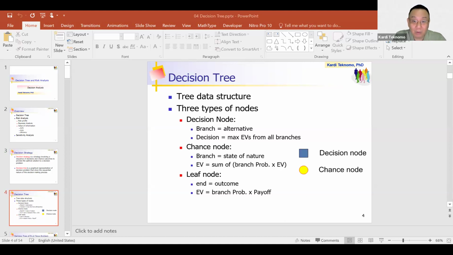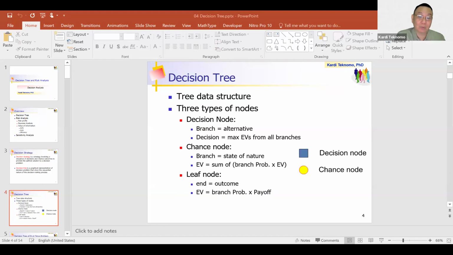One is the square, representing the decision node, and the other is the circle, representing the chance node. The last part of a decision tree is the leaf node. So there are three types of node: decision node, chance node, and leaf node.